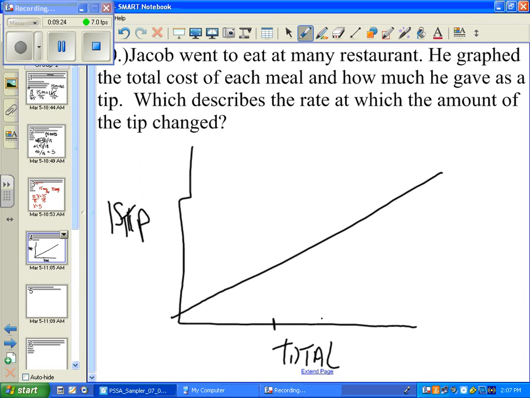We have 5 here, 10, 15, and then we have 20. And then on the y-axis, we have 1, and then we have 2 here. And we'll say we have 3 here.